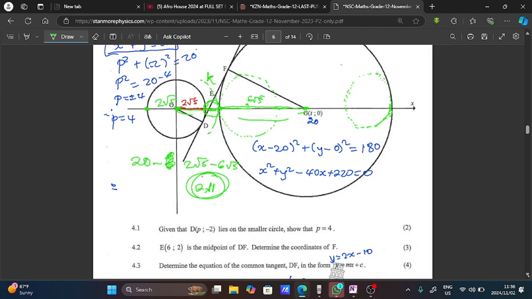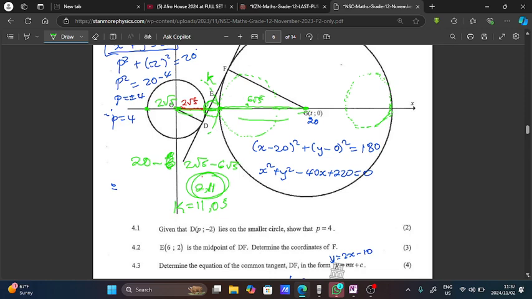So what will be the answer? 11 comma 05. Now that is the value of K units that this circle must shift to be here.